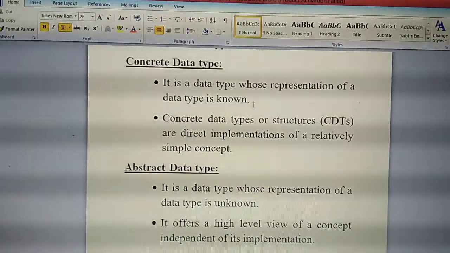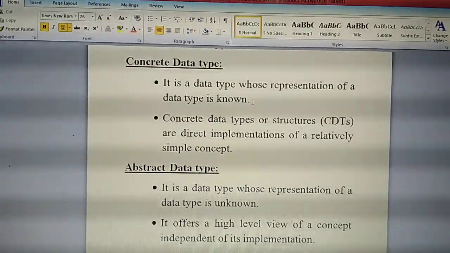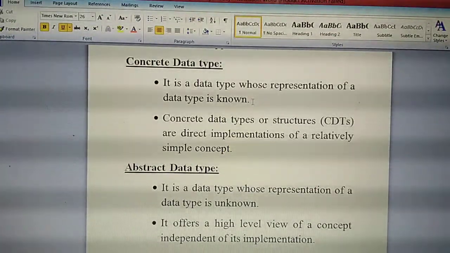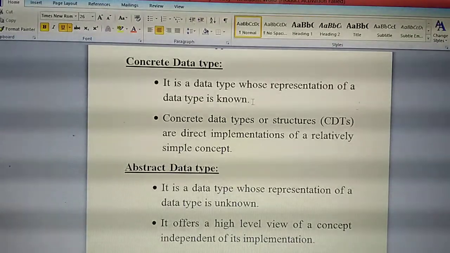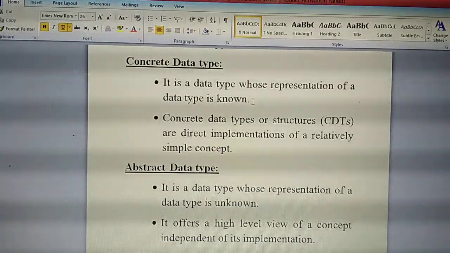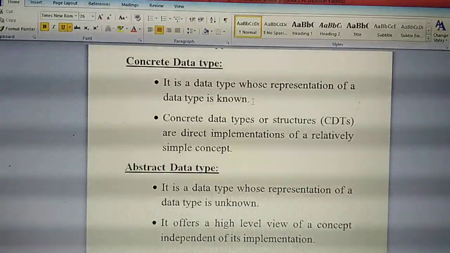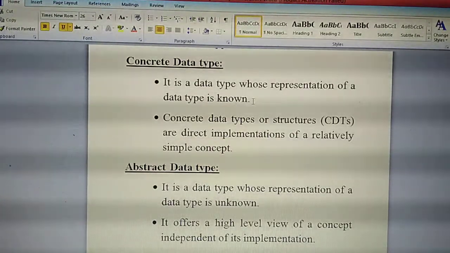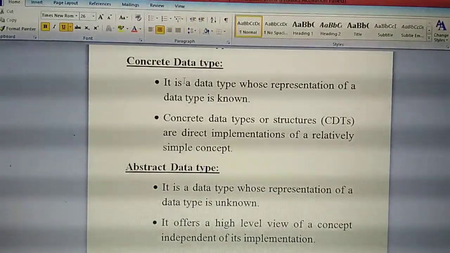Concrete data type completed, two points. Have you all written?